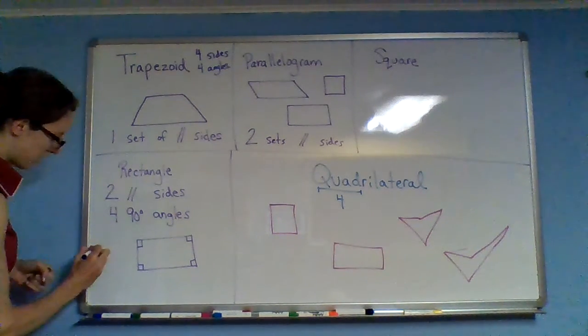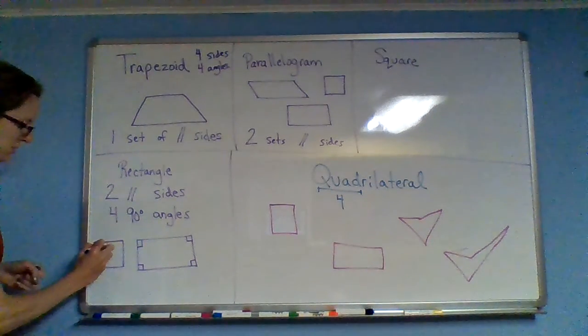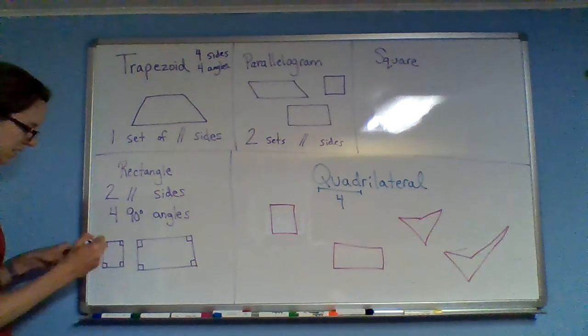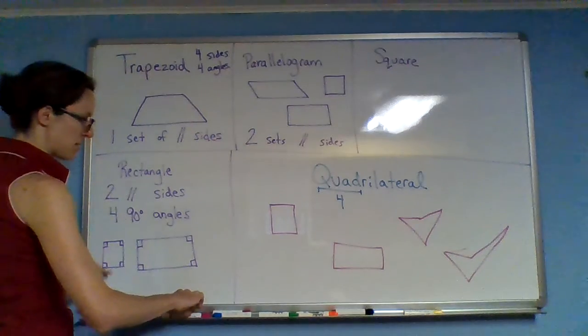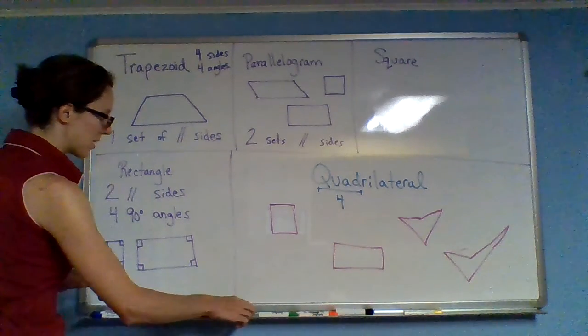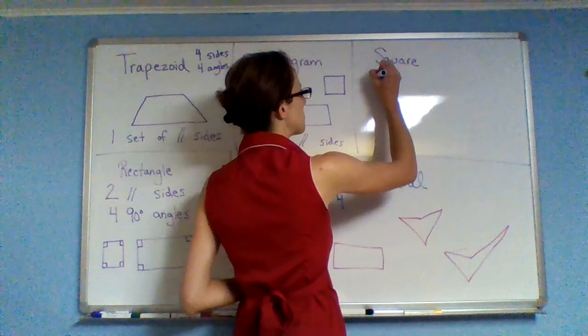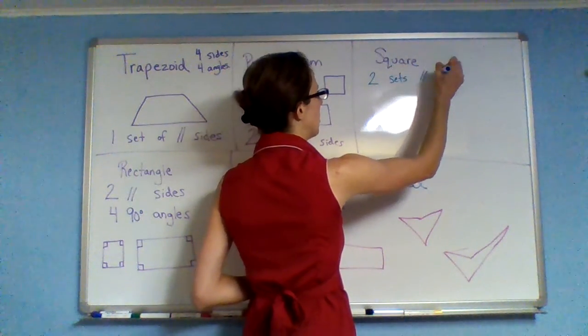A square is an example of a rectangle because it has two sets of parallel sides and four right angles. However, not every rectangle is a square because in order to be a square, we get one more special trait. So a square is the most specific because it needs two sets of parallel sides.